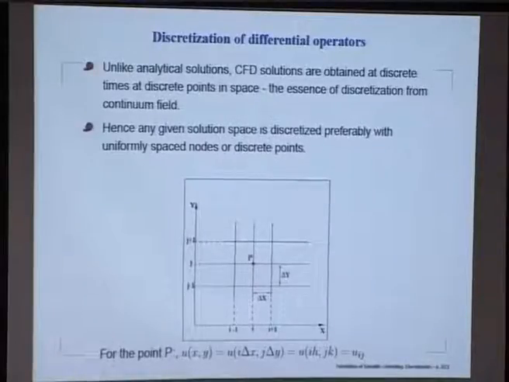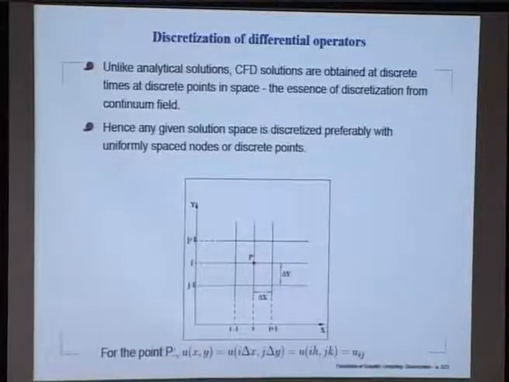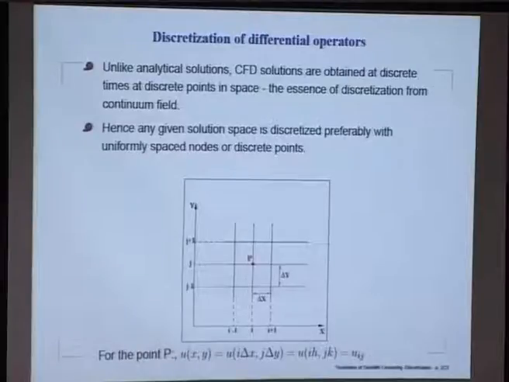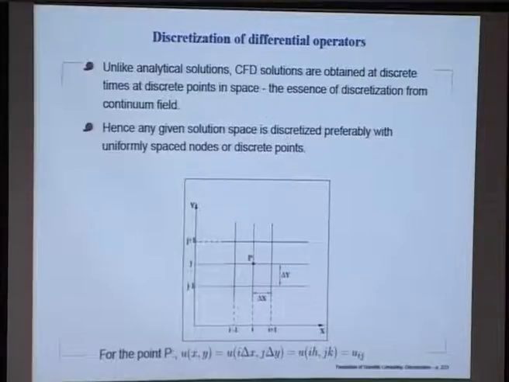So, we write for the point P in a computational framework. We will not be writing it in that continuum description of continuous variation in x and y. Instead, we will say that this is at the ith node, so x is i times delta x and y is j times delta y. I may sometimes use delta x as h and delta y as k.